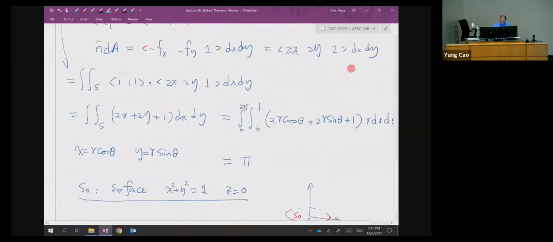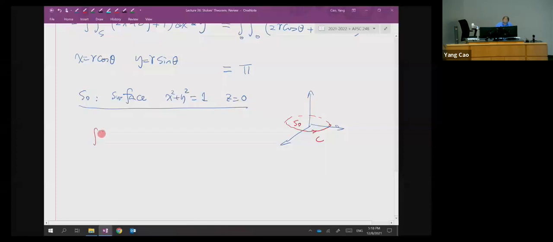So if I need to use Stokes theorem, then we're calculating this surface integral, and you already calculated del cross F. So what I am going to do is n hat dA. What kind of surface are we dealing with here? Remember the different cases, case 1, case 2, case 3.